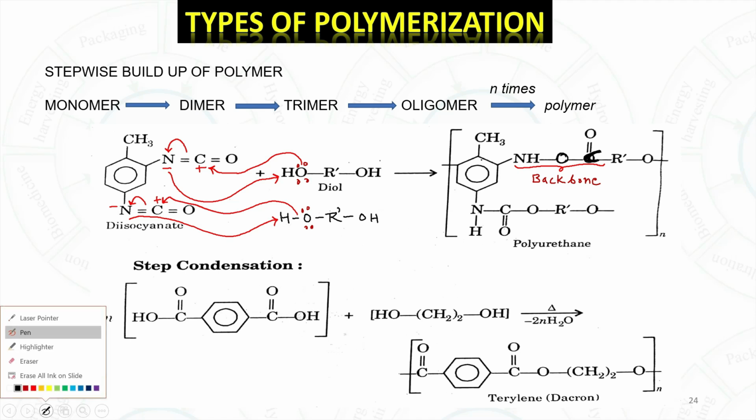So this is not an error made by the author, it is a printing error or typographical error, as you can see here. Okay. So here you can see this N is getting H, so this has become NH. Okay. So this is NH, and then you can see it is connected with that particular oxygen. So this oxygen is here, and that carbon double bond oxygen, and that remaining part RO will come here.